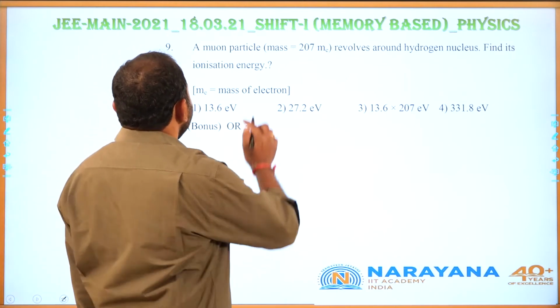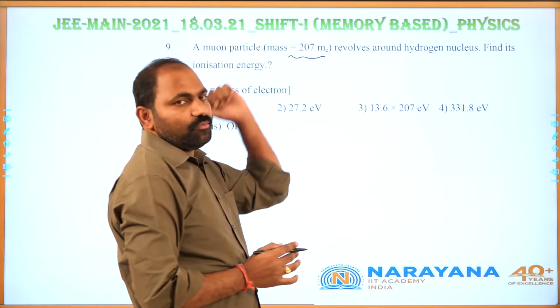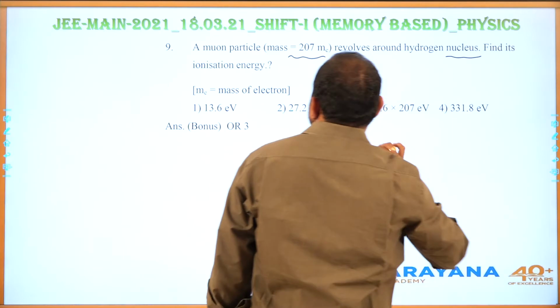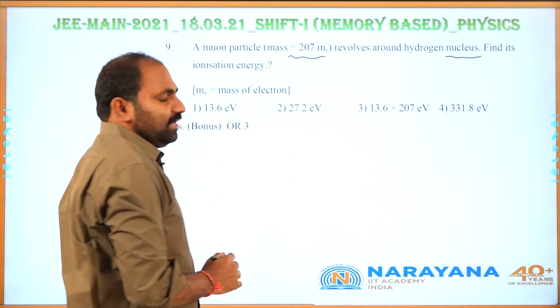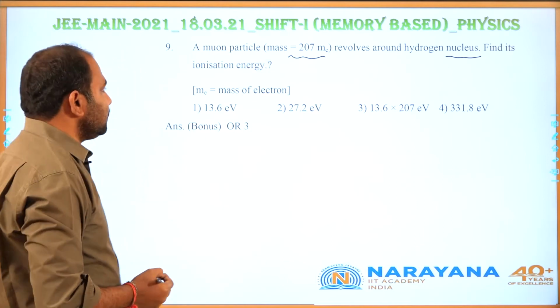The 9th question. It is given that a muon particle having mass 207 times the mass of an electron revolves around a hydrogen nucleus. Find its ionization energy. It is saying that it is revolving around the nucleus.